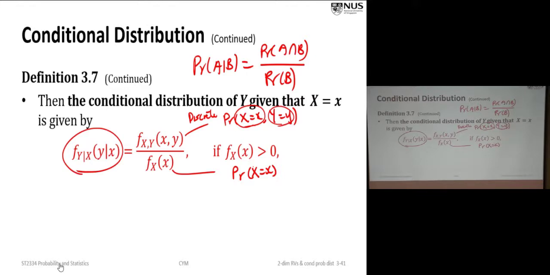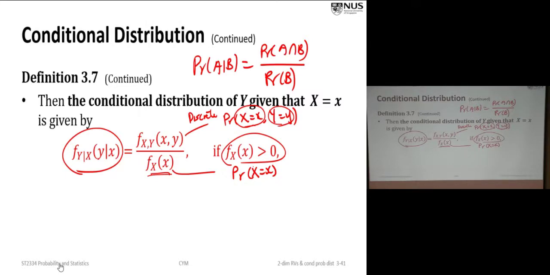All right. So conditional distribution is to look at the joint distribution adjusted by the marginal distribution of X. Because you are conditioned on X, it is adjusted by the marginal of X, provided that the denominator is not 0. It has to be bigger than 0. It cannot be 0.